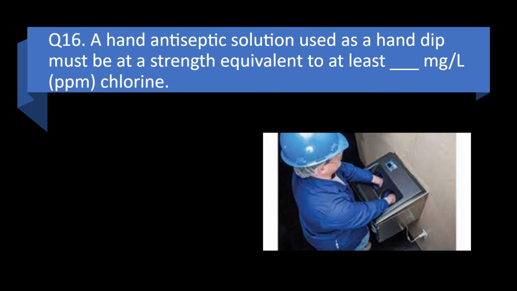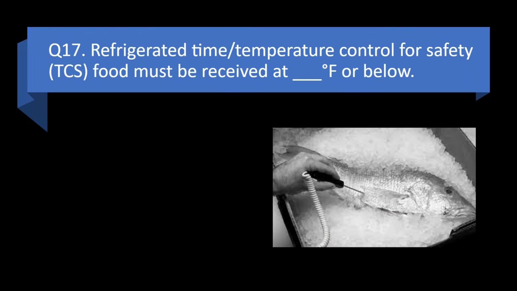Question 16. A hand antiseptic solution used as a hand dip must be at a strength equivalent to at least blank milligrams per liter or parts per million chlorine. 25, 50, 75, or 100. D. 100. Question 17.